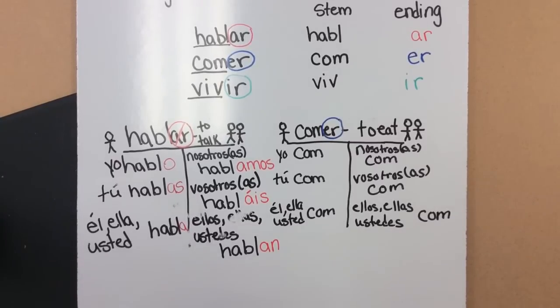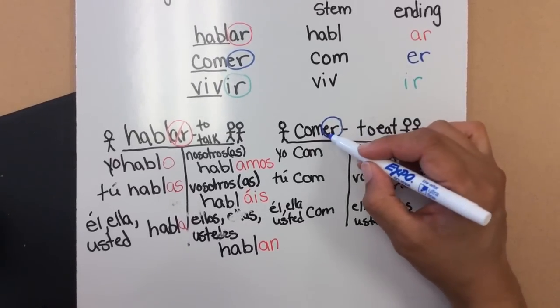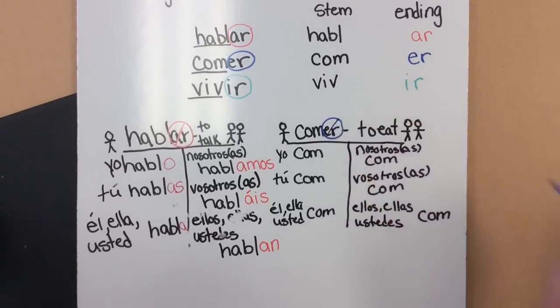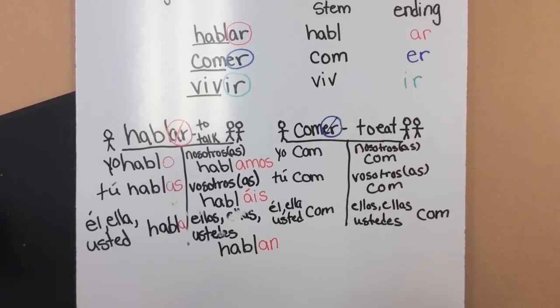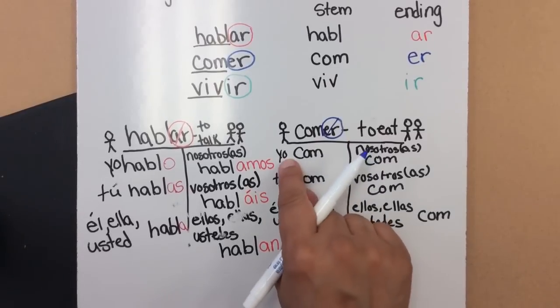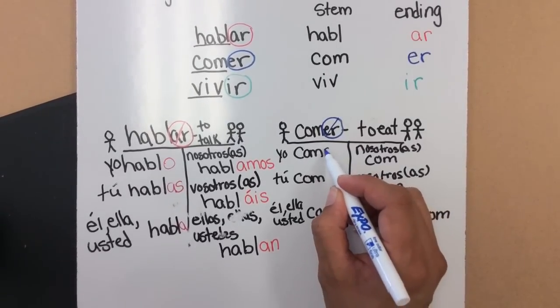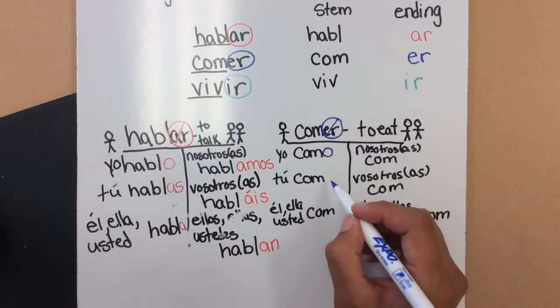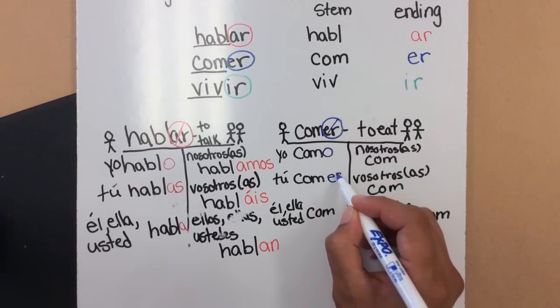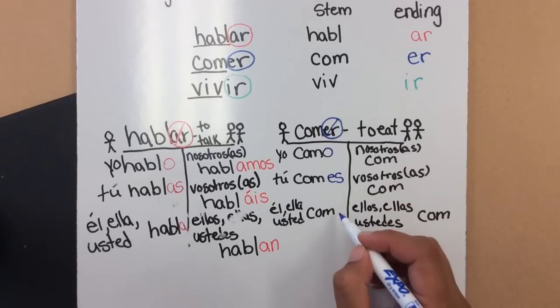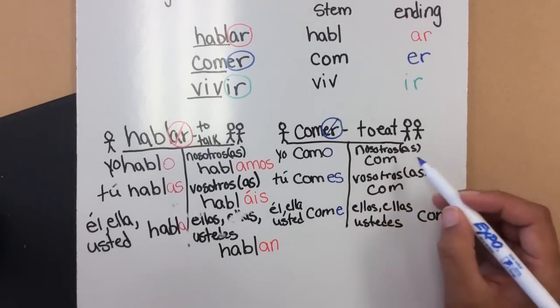Now, I am going to mark through my ER ending, and I'm going to add my new endings. For yo, or the I form in the ER, it's o. For tú, it's es. For él, ella, usted, e.